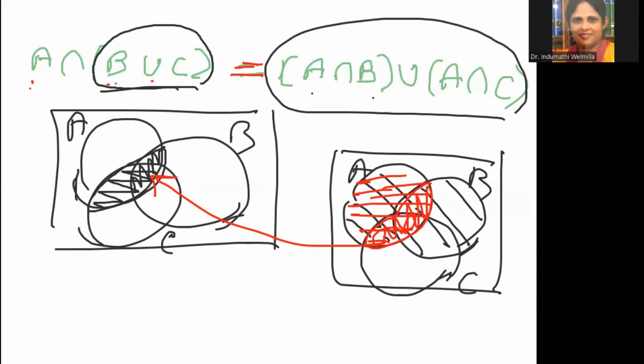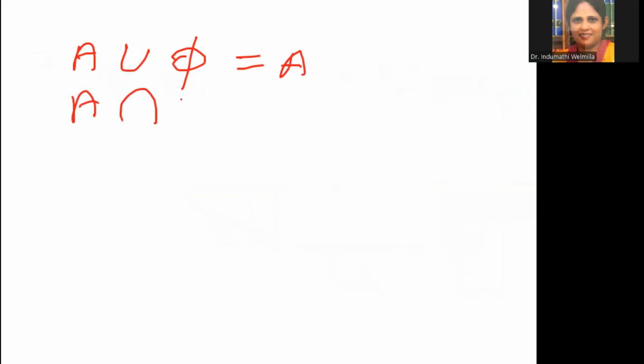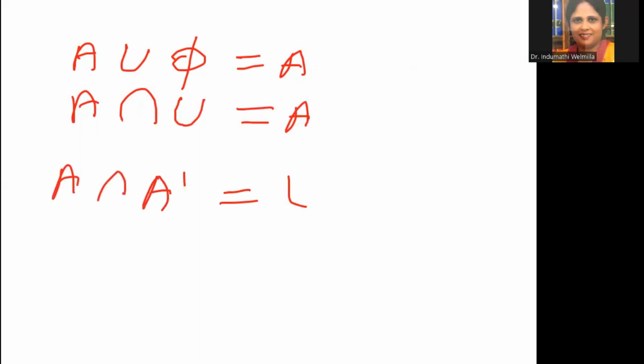And one more property is the identity property. According to the identity property, A union the empty set is equal to A, and also A intersection the universal set is equal to A. And according to the complement property, A union complement of A is always equal to the universal set, right?